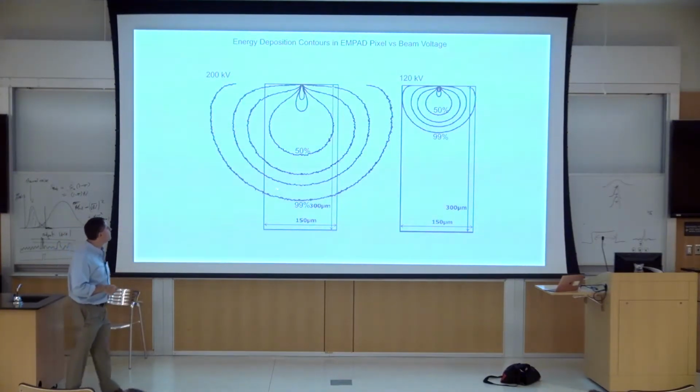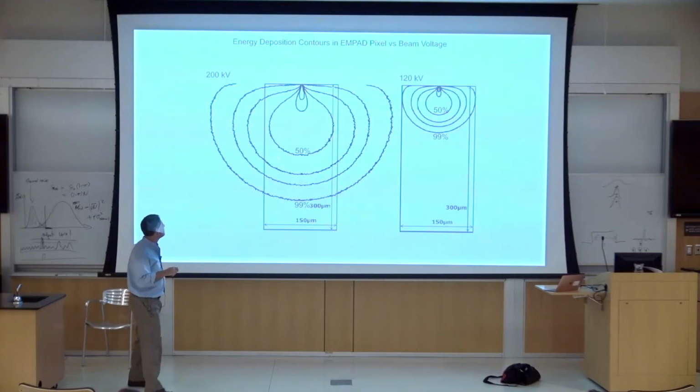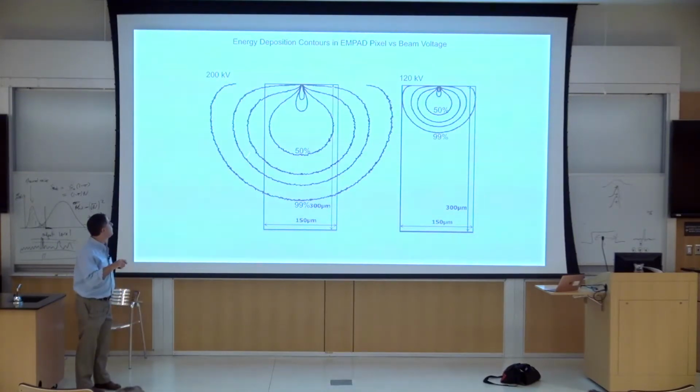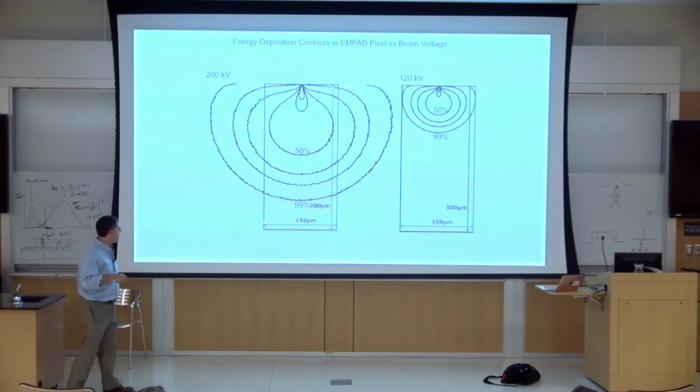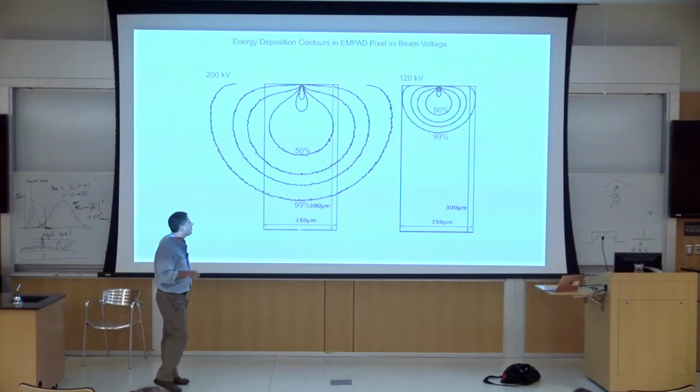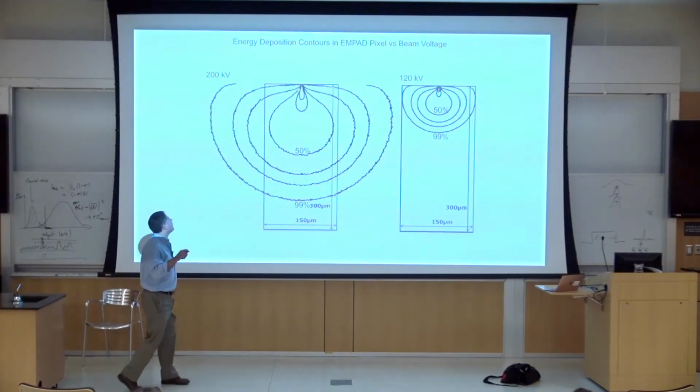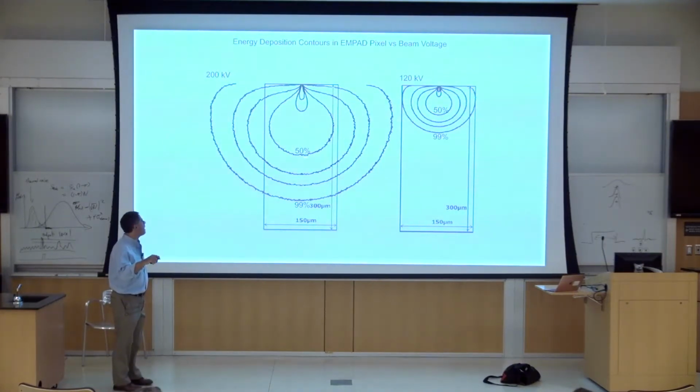So when we're designing detectors, we want to make sure that we don't have too much stuff ending up in neighboring pixels. Our detector, the EM pad, has 150 micron wide pixels, which means that most of the time our 50% diameter fits inside a pixel, and there's going to be very, very little blurring.